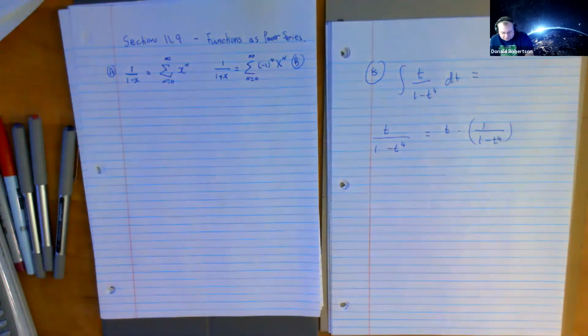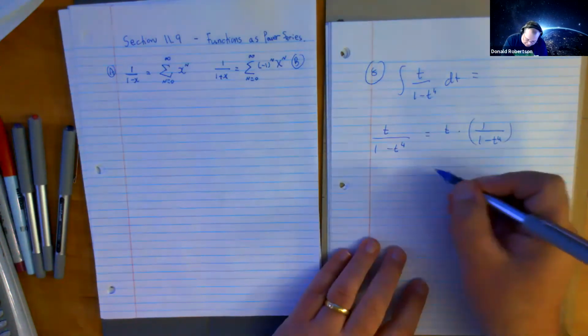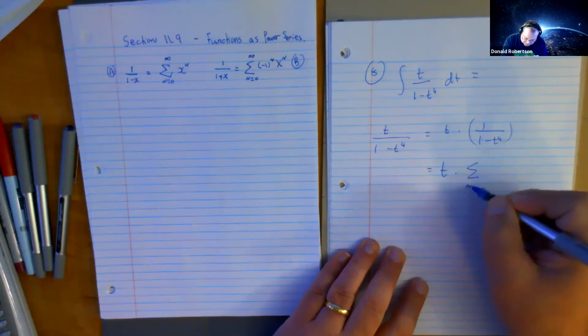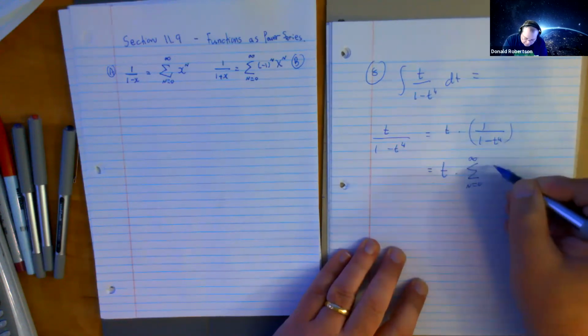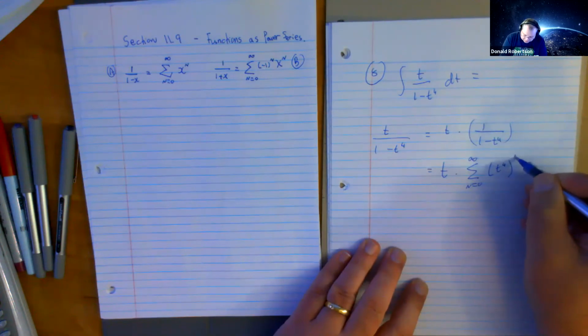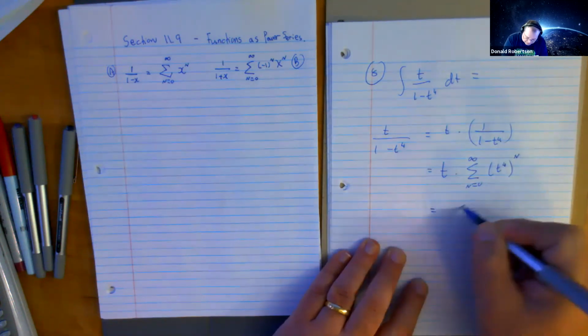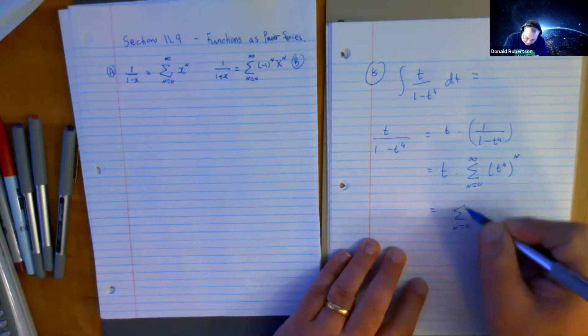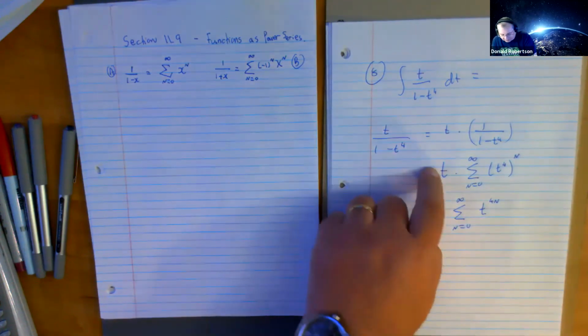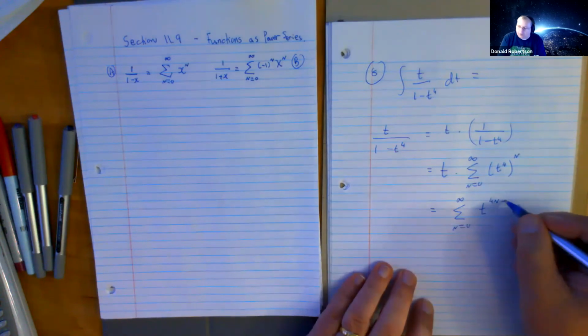Would you agree here that the substitution is going to be t to the 4? So we're going to get a t times sigma n equals 0 to infinity t to the 4 raised to the power of n. And that's going to be n equals 0 to infinity t to the 4n. And can't I bring this guy inside and get 4n plus 1?